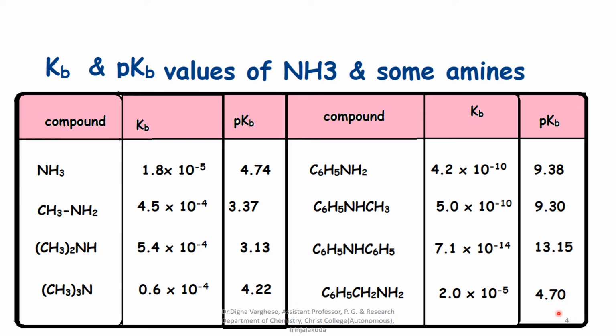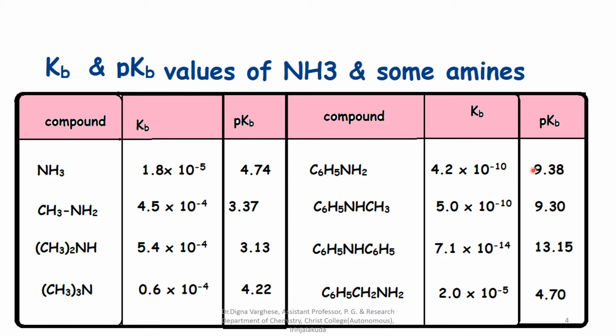So you can see the Kb and pKb values for the aromatic amines. When compared to ammonia, its pKb value is about 4.74.